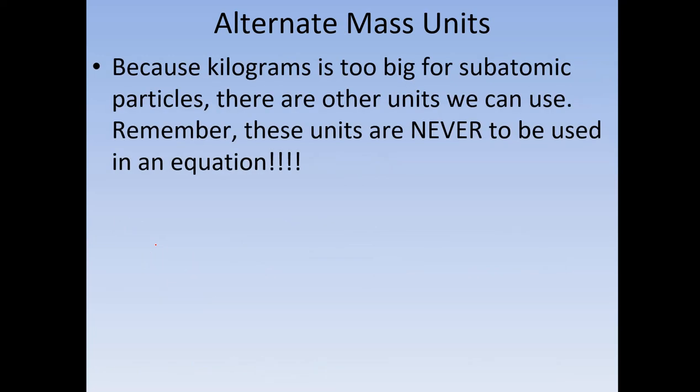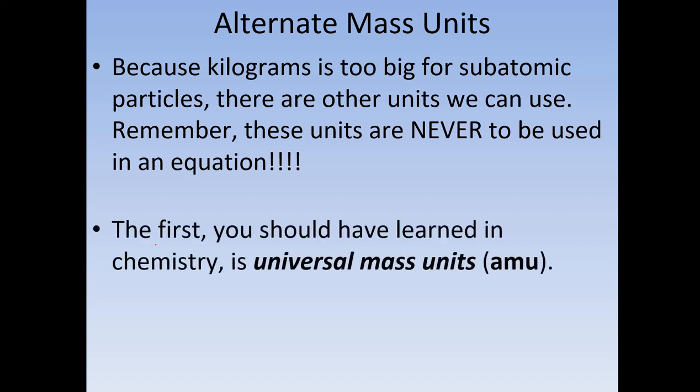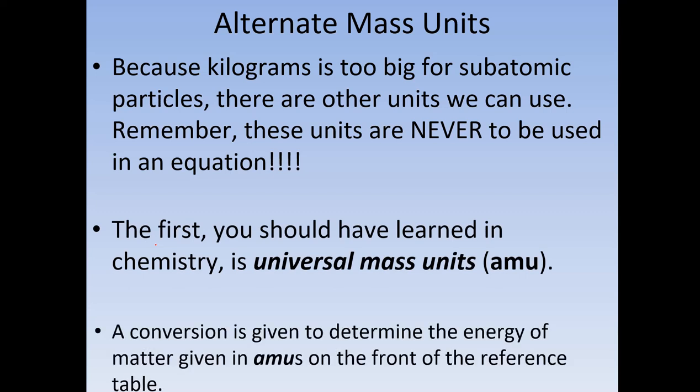So very quickly, I'll try to finish this up. As I said before, kilogram is way too big for subatomic particles, so we have other units that we use for it. One of them is the AMU, the Universal Mass Unit. That one you've probably seen in chemistry. On the front of the reference table, there's a conversion to find how many AMUs is a kilogram. Essentially, it's the mass of a proton.